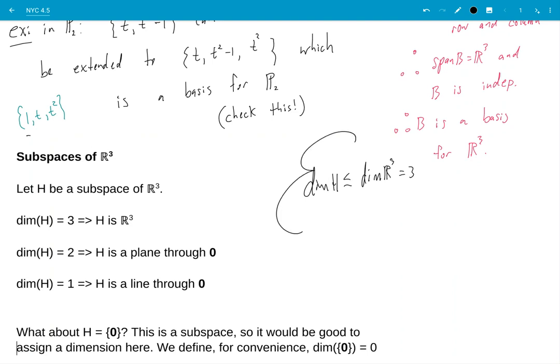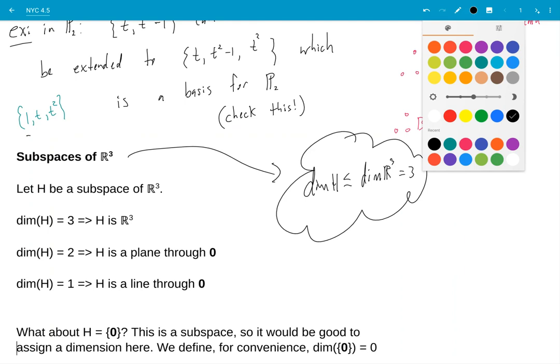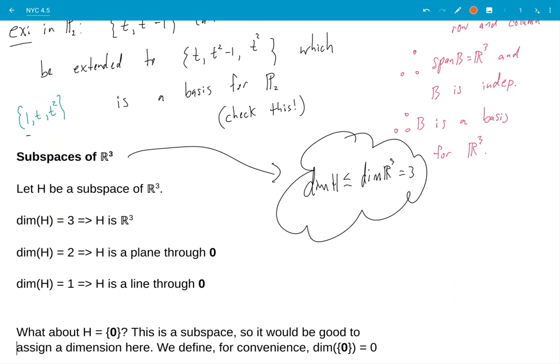Let's start with 3. Okay, if your dimension is 3, I hope you see that H must be all of R3. If dimension is 2, okay, you'll get a basis of 2 vectors. So that's a plane. And then if you have a basis of 1 vector, that's a line.